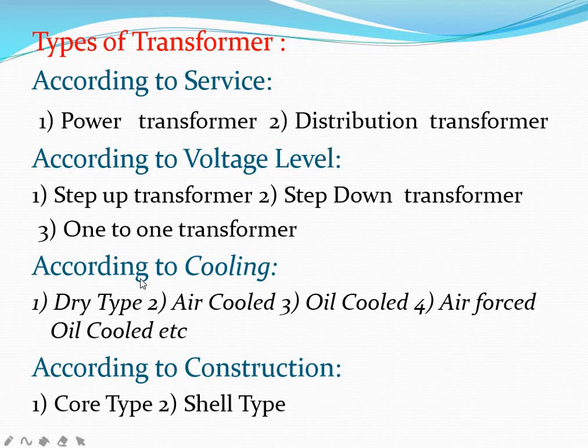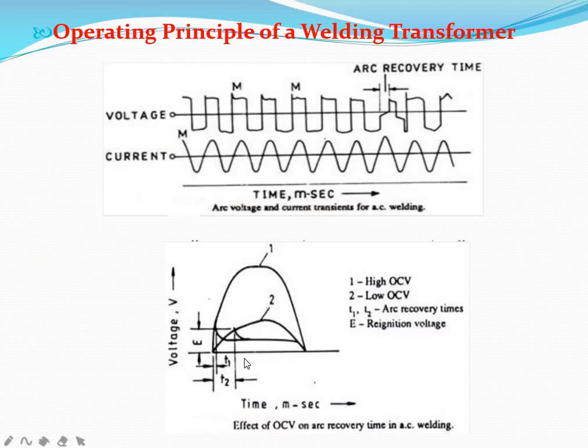According to the cooling method, they are classified as dry type, air cooled, oil cooled, air forced oil cooled transformer, etc. And according to construction, there are two main types: the core type transformer and the shell type transformer.